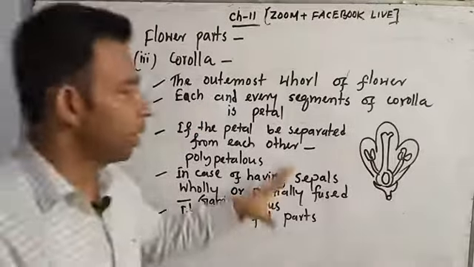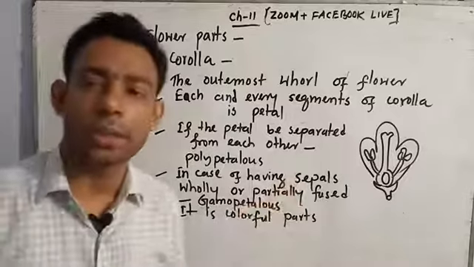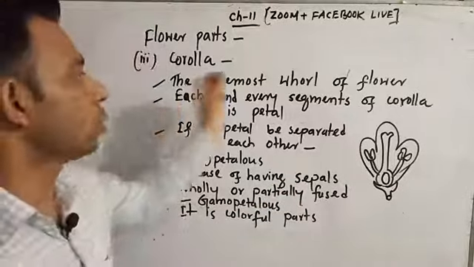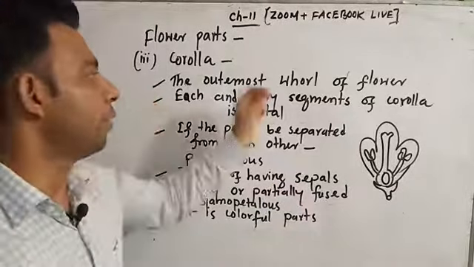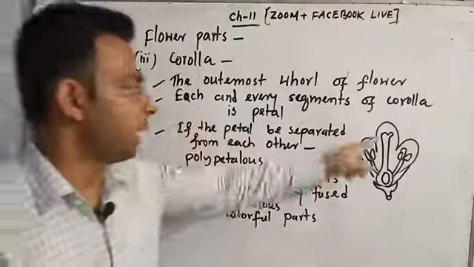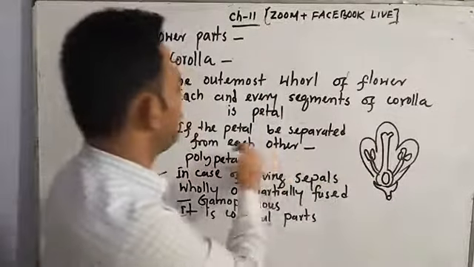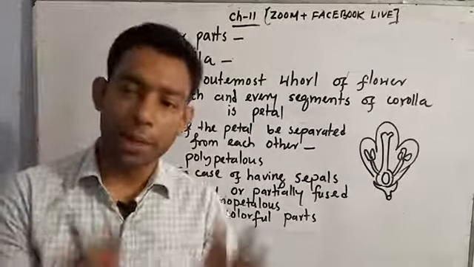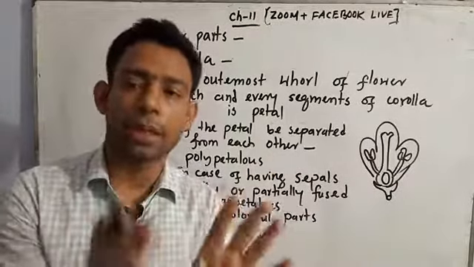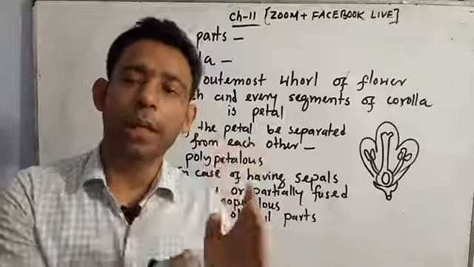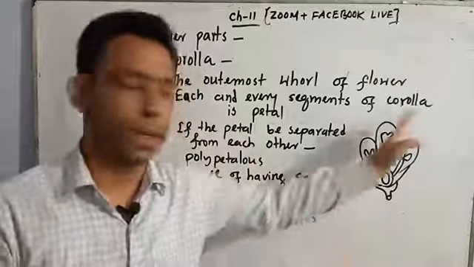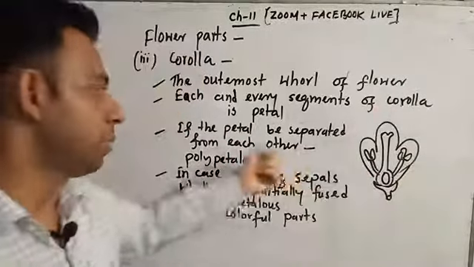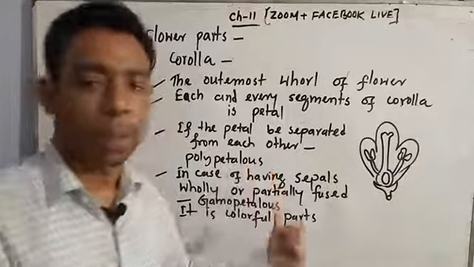Whatever we have learned: the corolla is the outermost roll of the flower, each segment of the corolla is called a petal, and if the petals are separated, singly, it is called polypetalous.